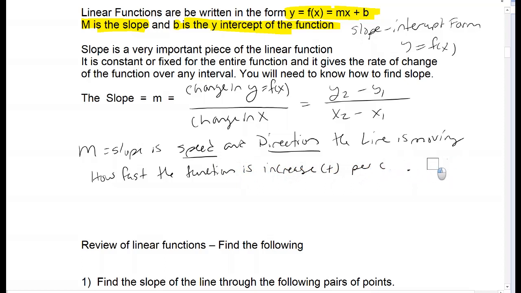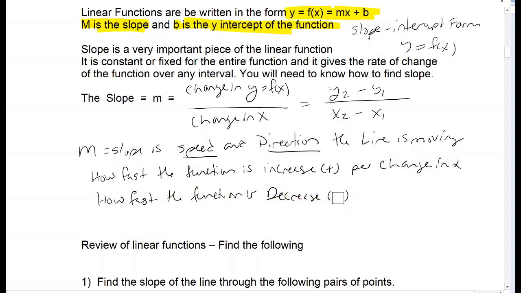Per change in x. Or how fast the function is decreasing if it's negative, per change in x. And it's constant.